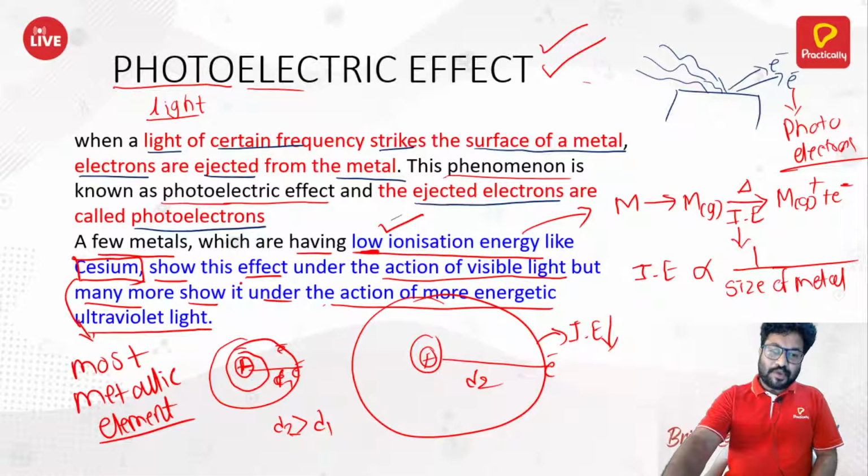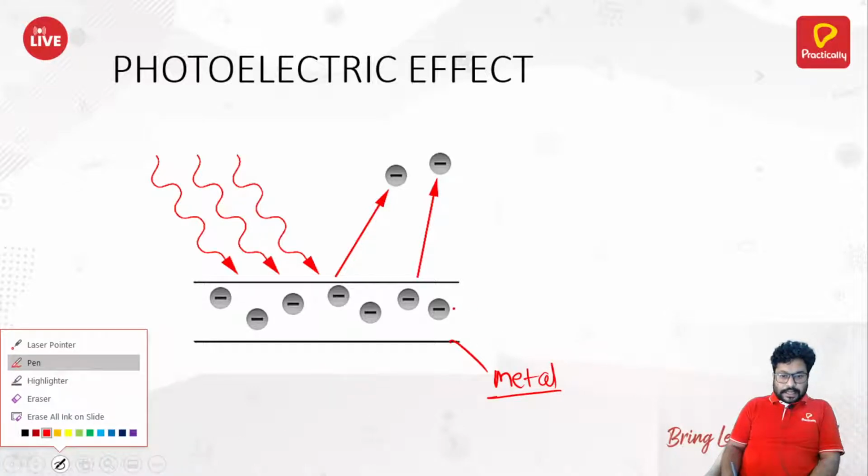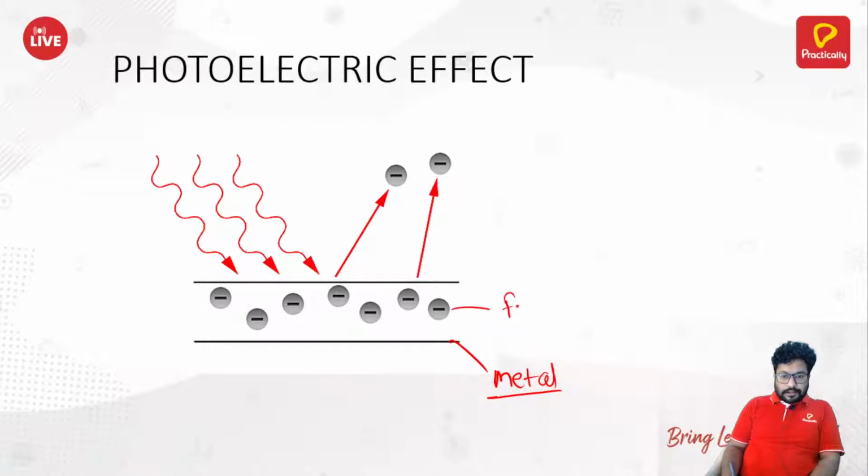Now, see, this is the photoelectric setup. This is your metal, and what you are seeing here are free electrons in a metal.